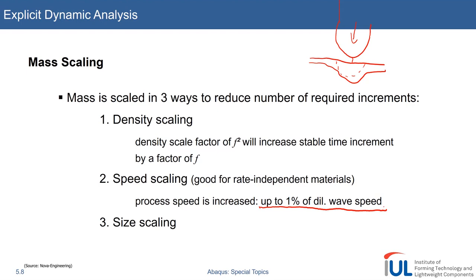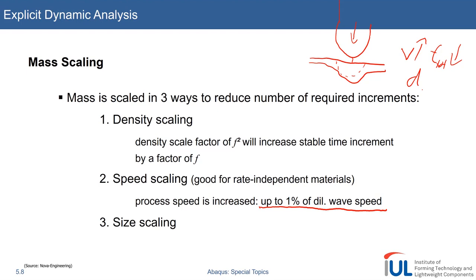So again, if you increase the velocity, your total time t tot can be smaller, because the total time it needs for the punch to cover the same true distance, let's say d, is just smaller.